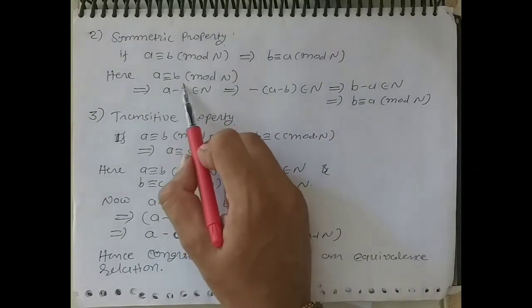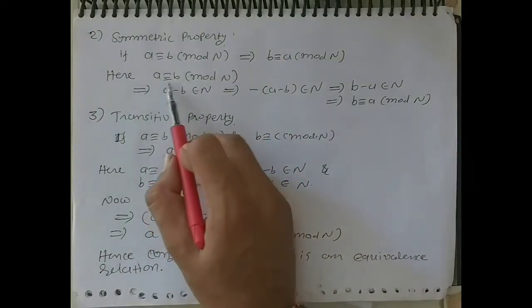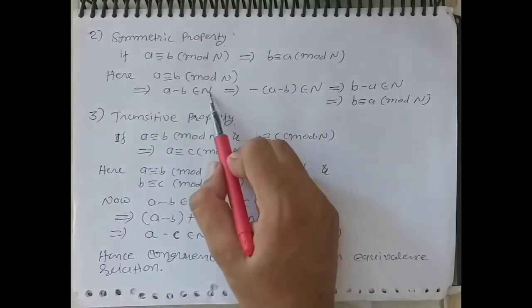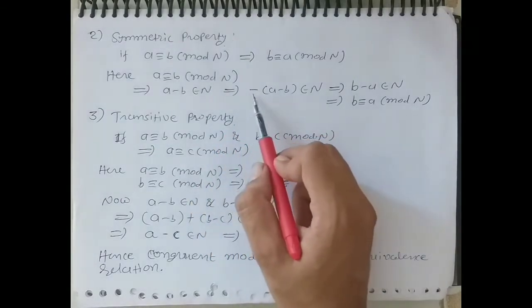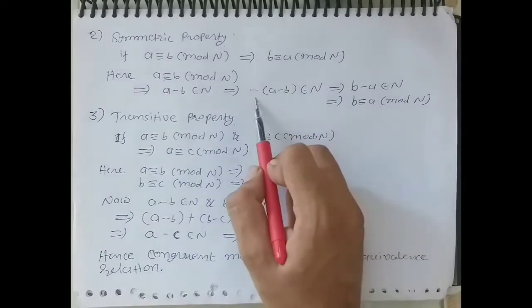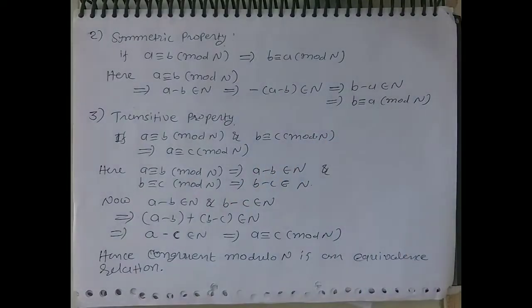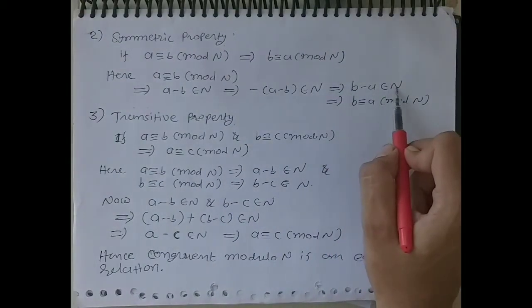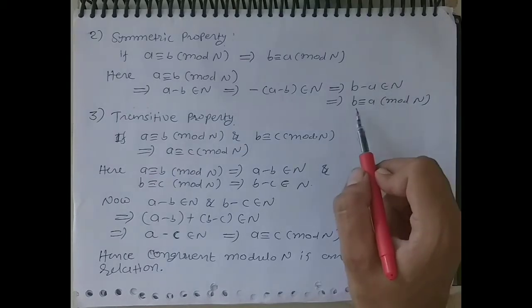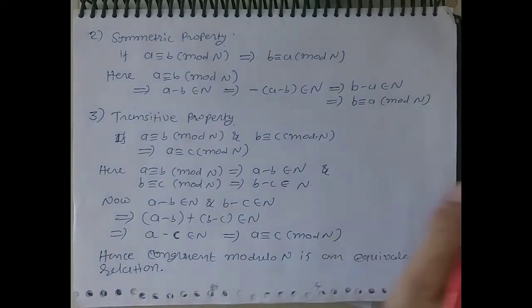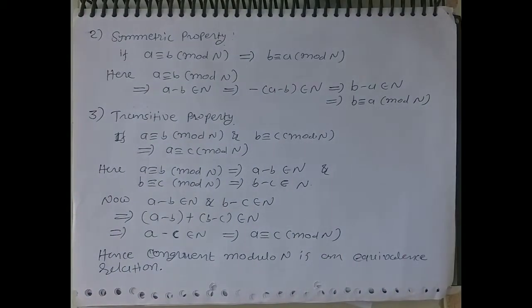So from the definition, A minus B belongs to N. Now N is an R submodule of M, so whenever we multiply by minus 1, it also belongs to N. So minus of A minus B also belongs to N. This implies that B minus A belongs to N. Now B minus A belongs to N means B is congruent to A modulo N from the definition. It is simple. So the symmetric property is also satisfied.